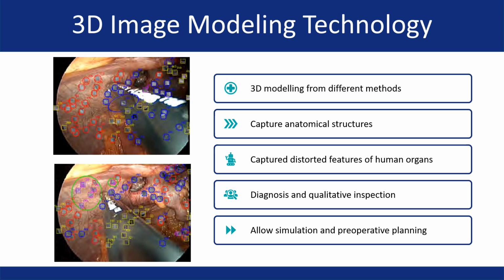The 3D visualization model can vividly reflect the anatomical structure or distorted features of human organs, enable electronic autonomy, and meet the objective needs of basic research and clinical diagnostic analysis. Doctors can use the stereoscopic image of human organs to deeply and qualitatively identify, locate, and quantitatively analyze pathological and anatomical features, complete surgical simulation training, and preoperative planning, thereby improving the quality of surgical diagnosis and treatment.